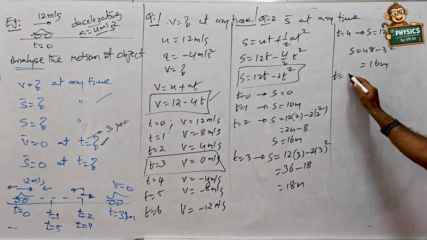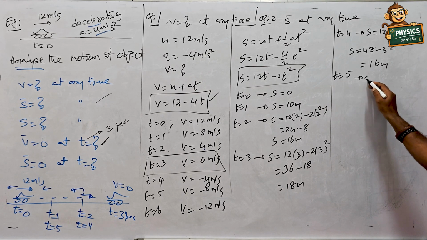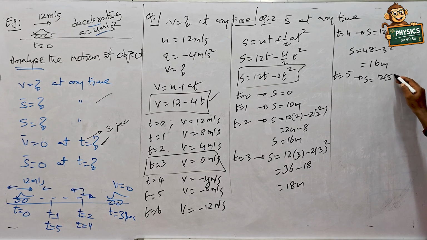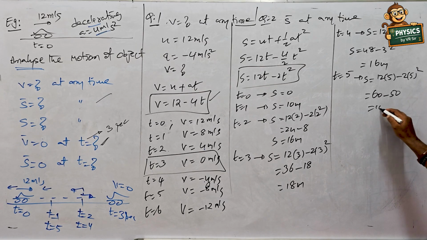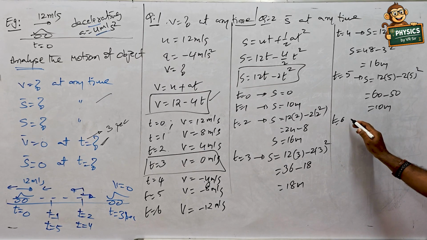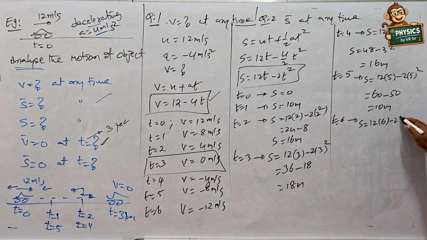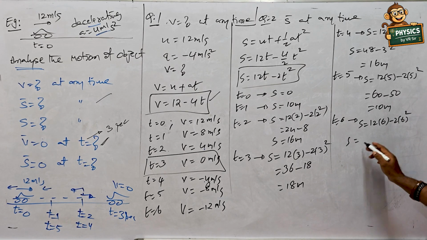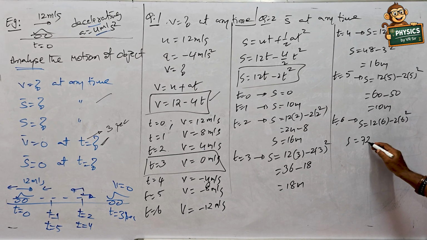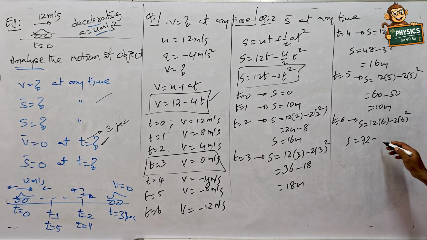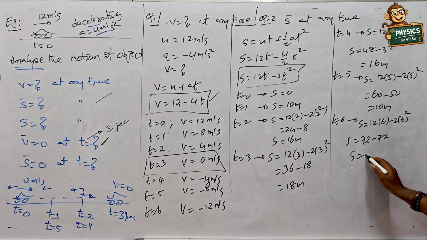Now t equals 5 seconds, S equals 12 into 5 minus 2 into 5 square. It's 60 minus 50, which is 10 meters. And t equals 6 seconds, displacement is 12 into 6 minus 2 into 6 square, which is 72 minus 72. So S equals 0.